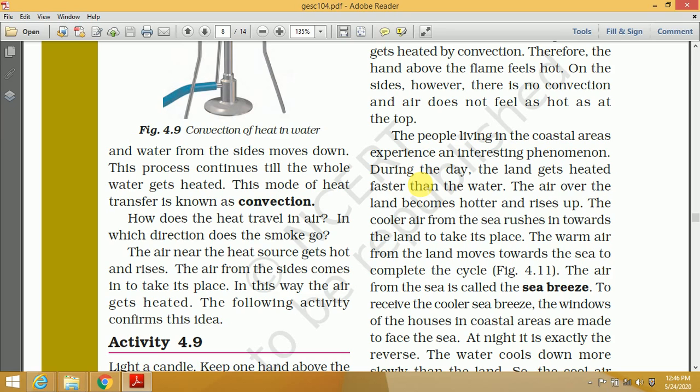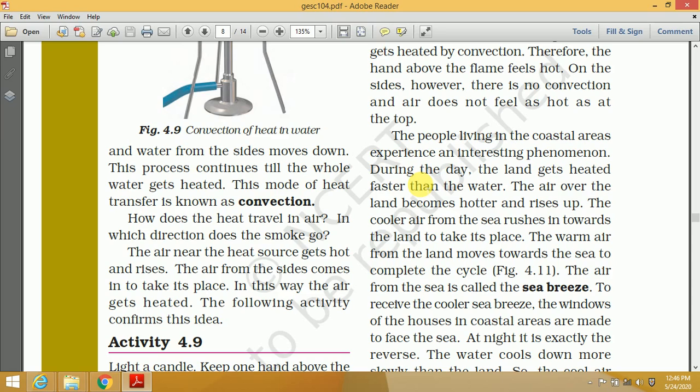So the air over the land will also get heated up and rise upwards. When the air rises upwards, the space will become empty. In order to fill that space, air from the sea side will come. So the sea breeze will start flowing during the daytime. In order to receive the sea breeze, generally the people there keep their windows towards the seaside.